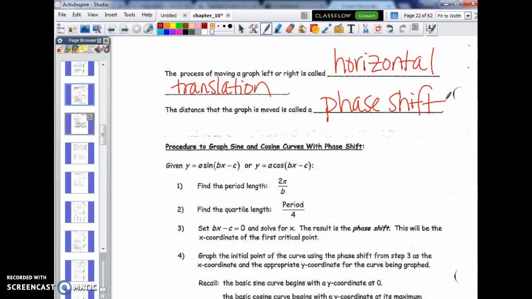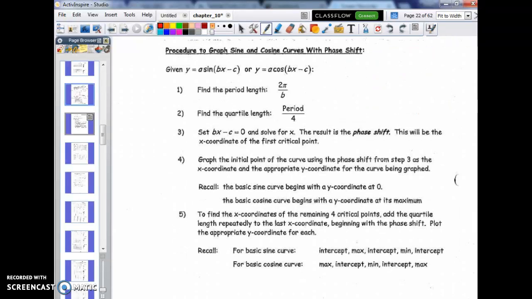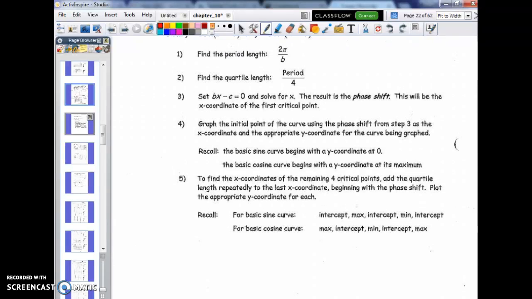Now, the procedure for graphing sine and cosine curves with the phase shift is listed in these steps that you see here, which is also on your sheet. Okay? If you have any concerns or if you're not sure where to go, you can reference these steps. I'm going to, however, walk you through these steps for 2 examples on the next page.